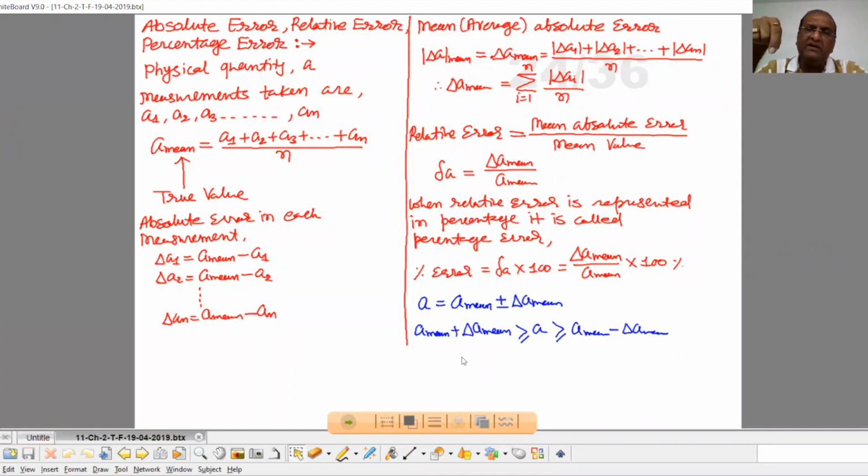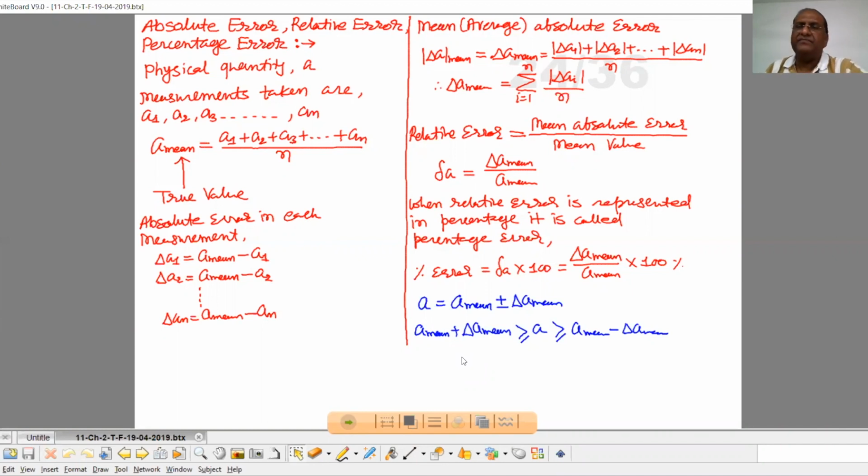If the instrument which is used to take the measurement itself is a defective one, then the instrumental error appears. And that will be the systematic error, meaning either positive or negative. Here we discussed this instrumental error by taking the example of a spring balance.